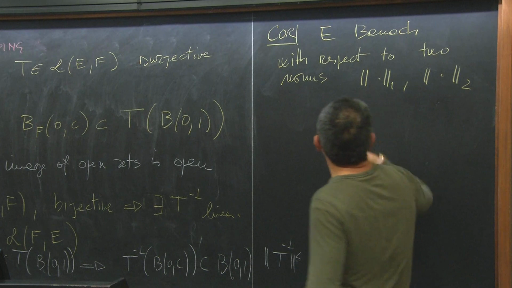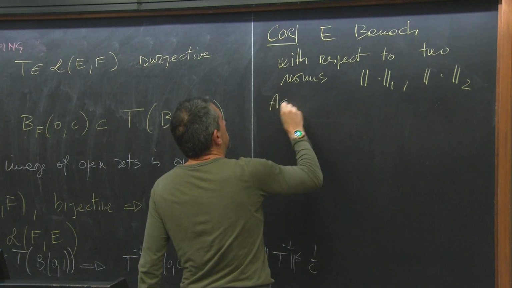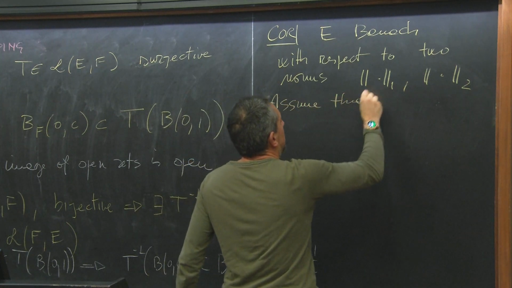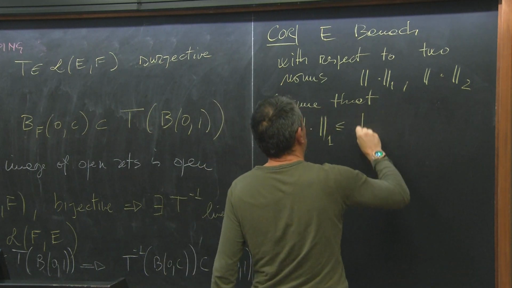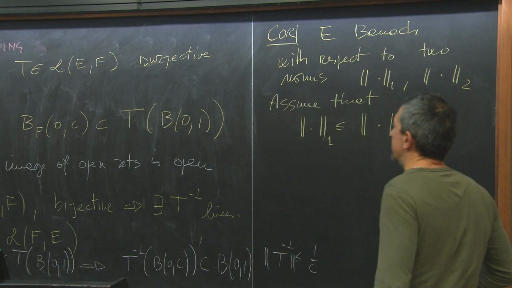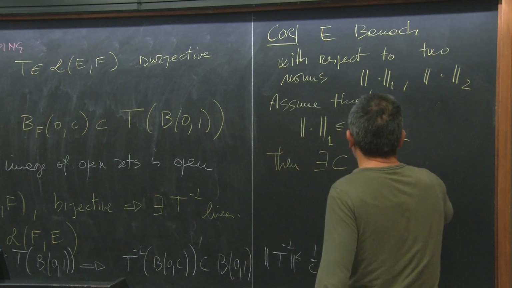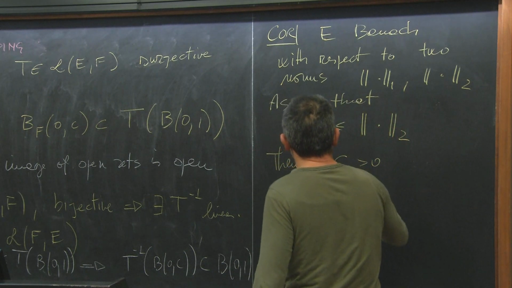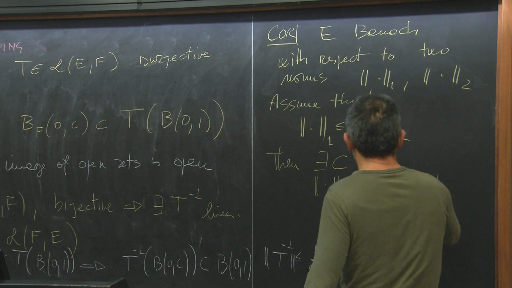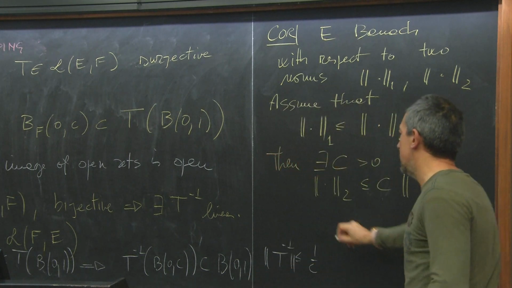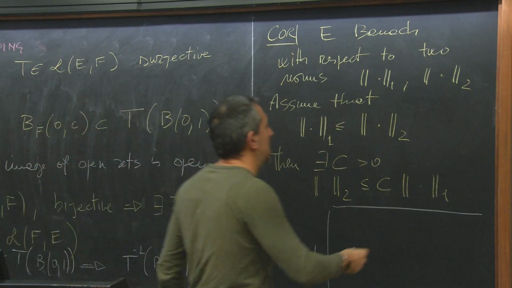So I have two norms, and E is Banach with respect to both of them. Assume that one is stronger, so let's say norm 1 is less or equal than norm 2. Then there exists a constant such that norm 2 is less than a constant times norm 1. So if you have a bound, the two norms are equivalent.